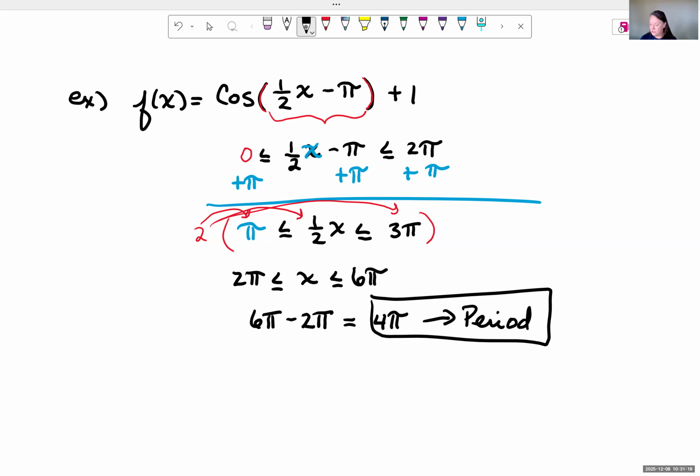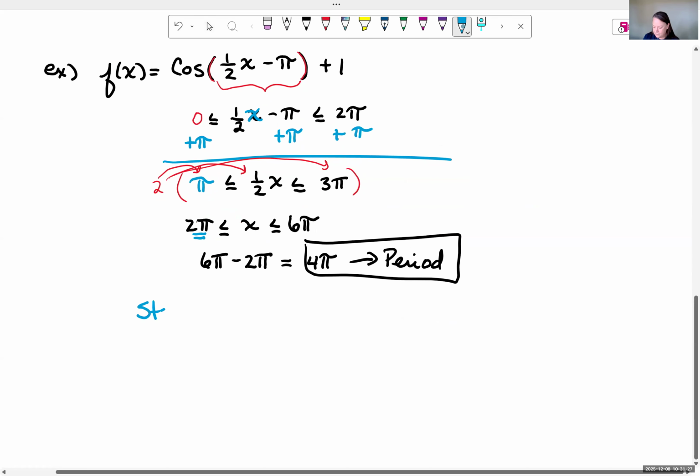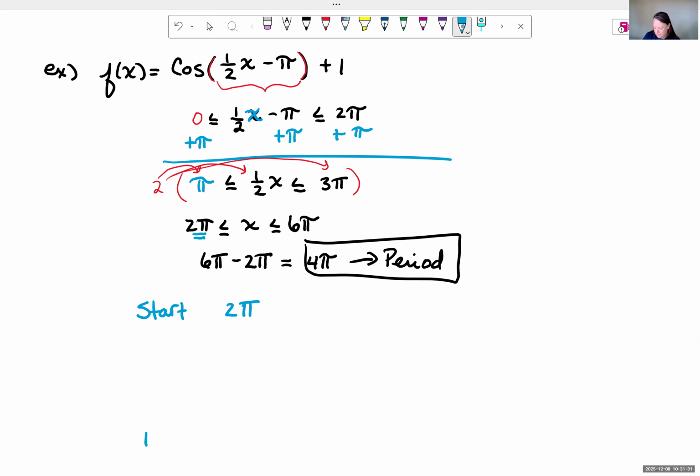Okay, so that's going to help me. Also, these two values that we got while we were getting x by itself, let that be our start. So I'm going to start at 2 pi. I know that the end value over here is going to end at 6 pi. So I want to figure out what is the halfway mark between the start and the end.